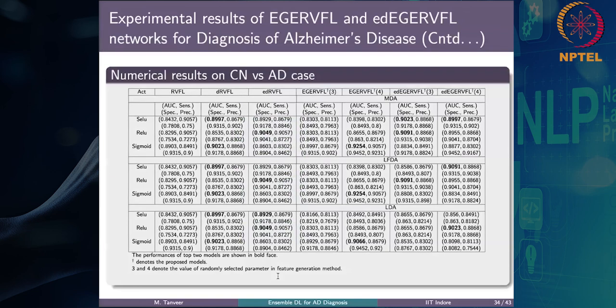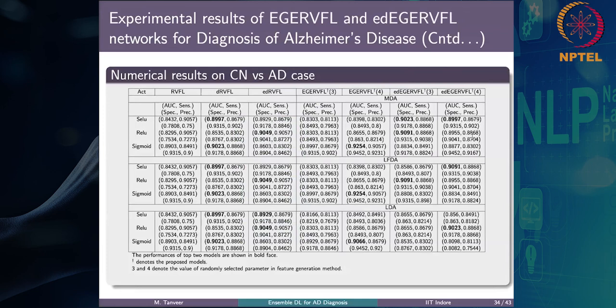Now, if we look at the numerical experiments on the CN versus Alzheimer disease case, we have again considered different activation functions, and we have taken RVFL, ADRVFL, and deep RVFL, all three.